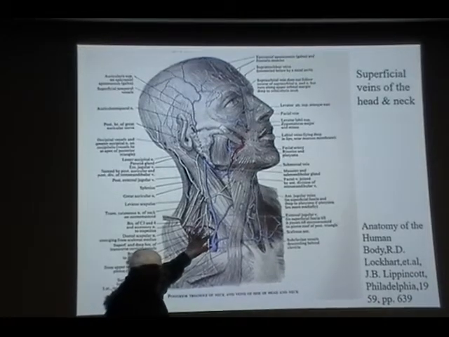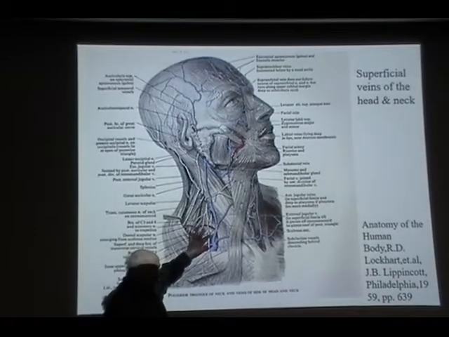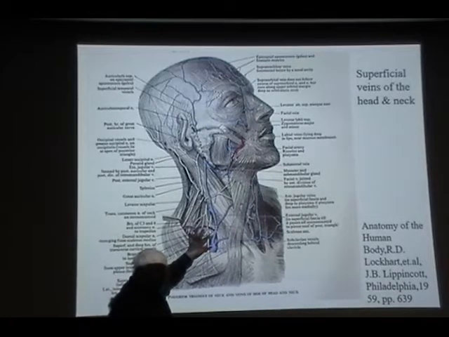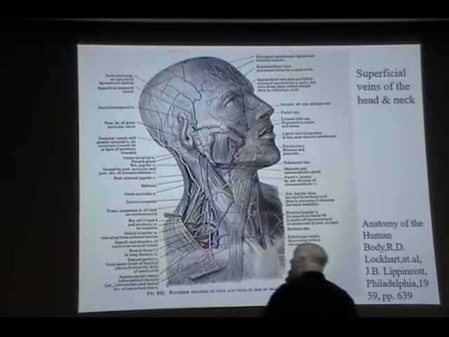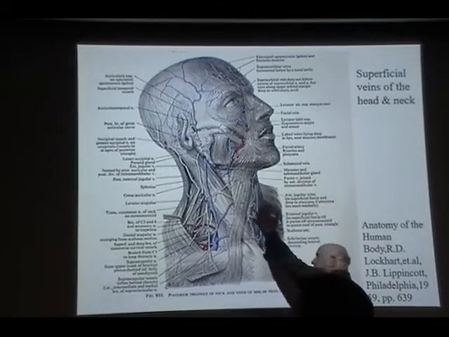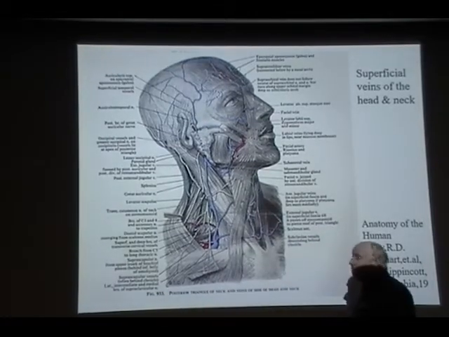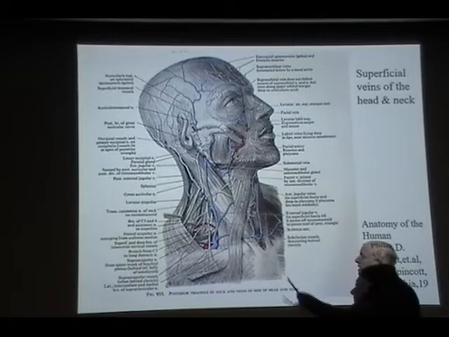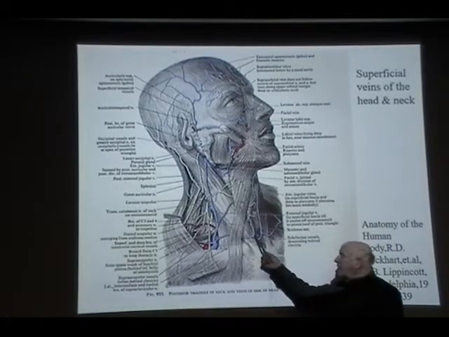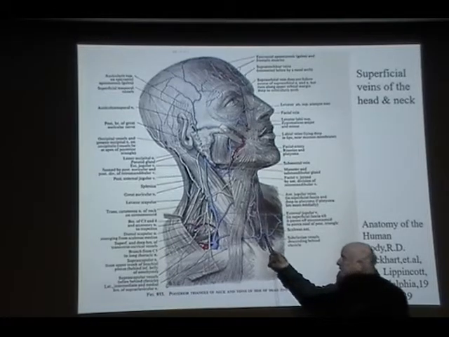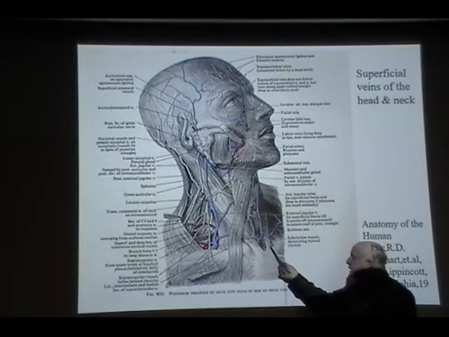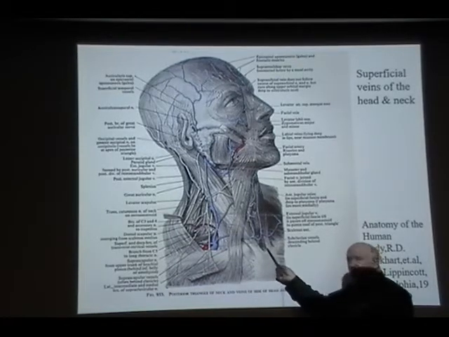What do we call that triangle? Subclavian triangle, right? Okay. These vessels here that are running up the front of the neck, or actually down the front of the neck, these are called anterior jugular veins. Anterior jugular veins.